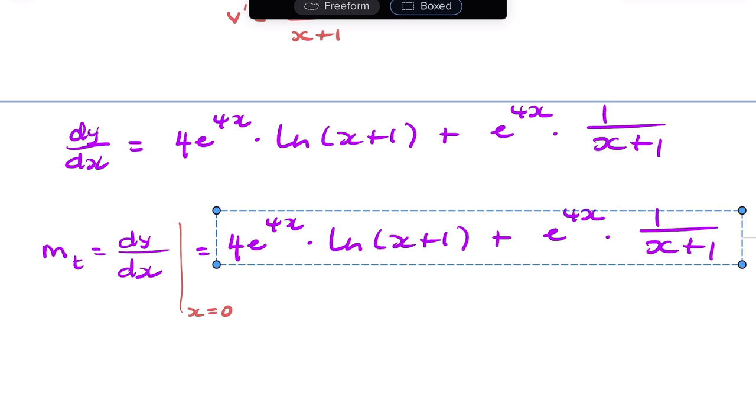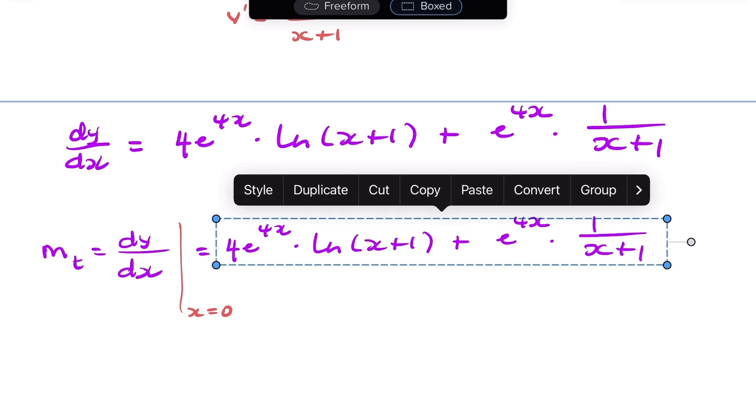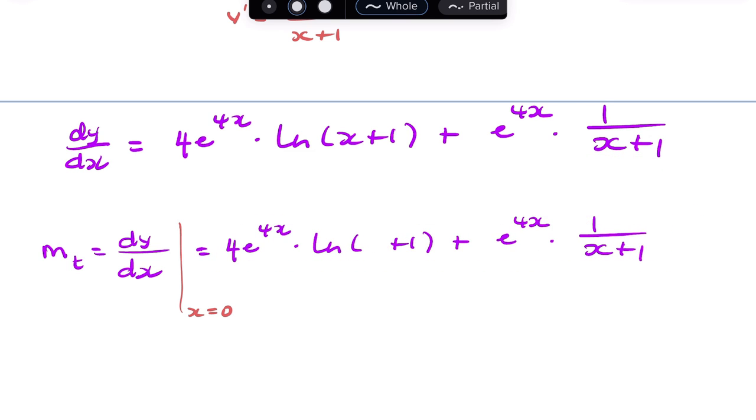So this power becomes 0, that power becomes 0.